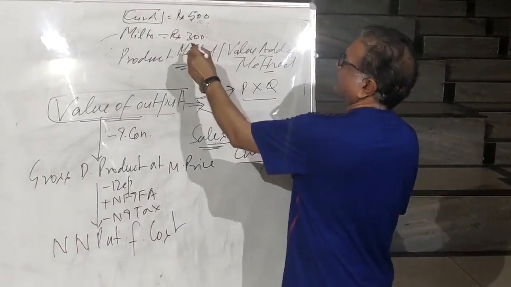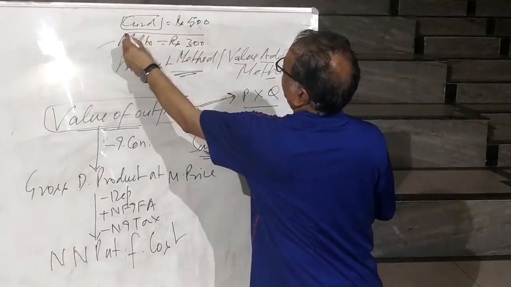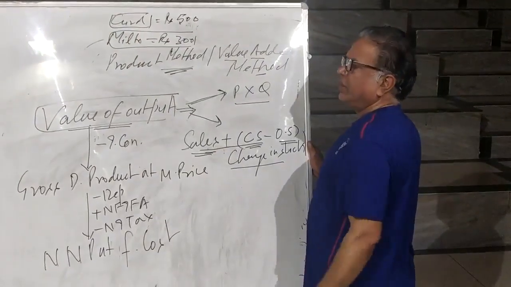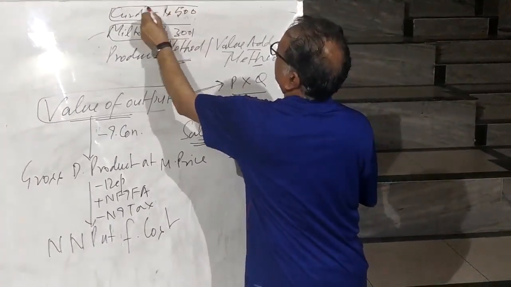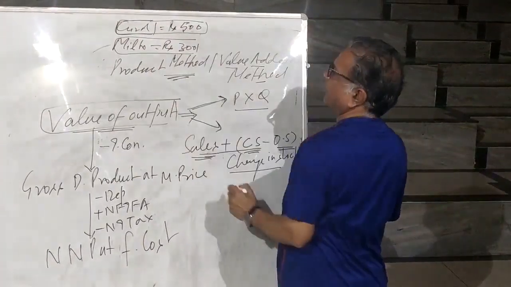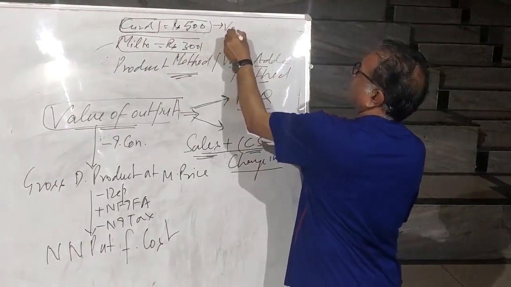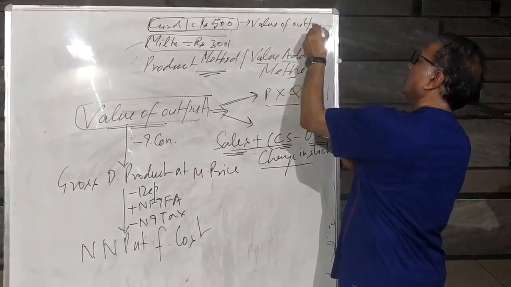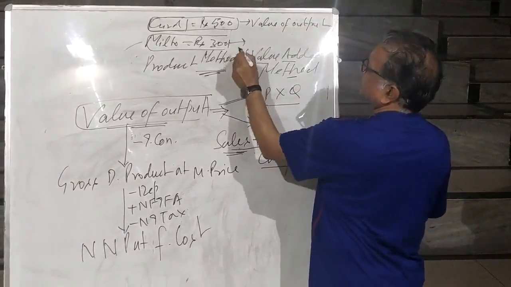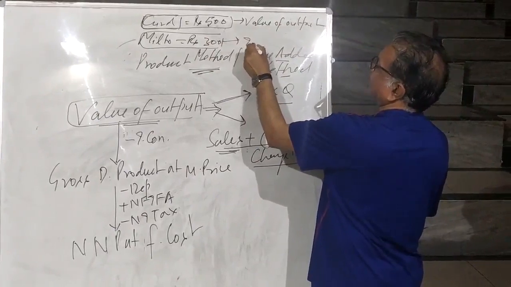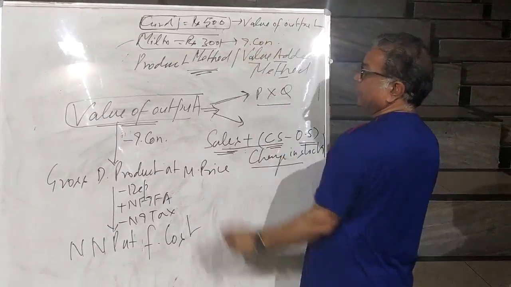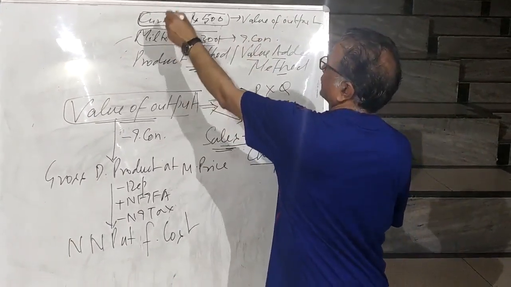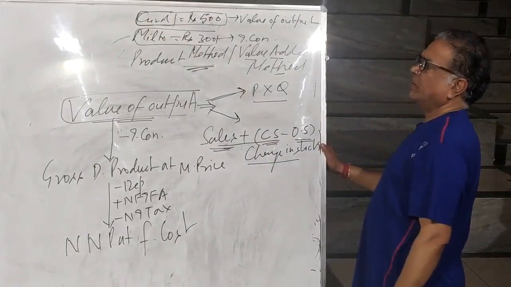So a firm or a shopkeeper purchased milk of rupees 300 and converted it into curd whose value is rupees 500. So this is the value of output, and this is the milk used in production. This is called intermediate consumption. Intermediate consumption means use of goods in producing goods.